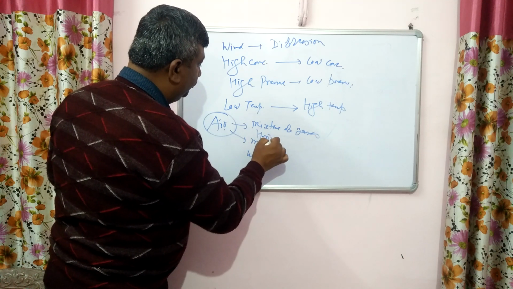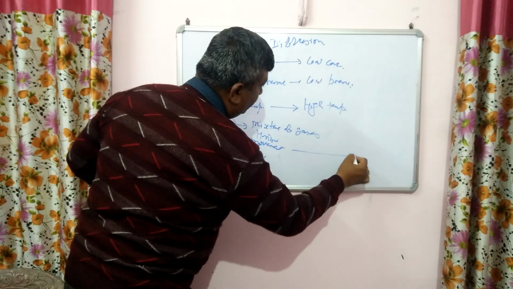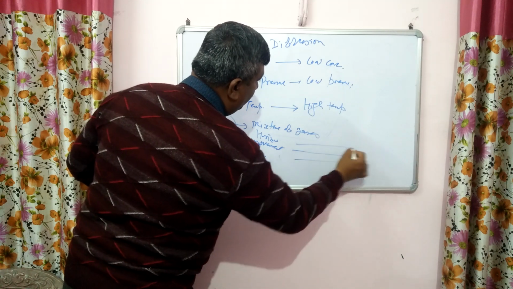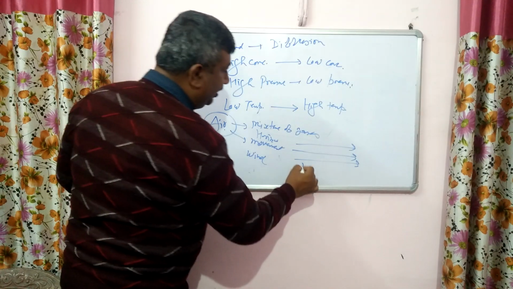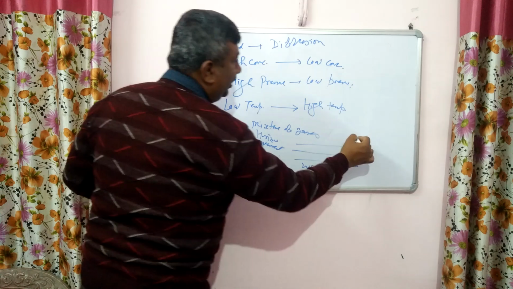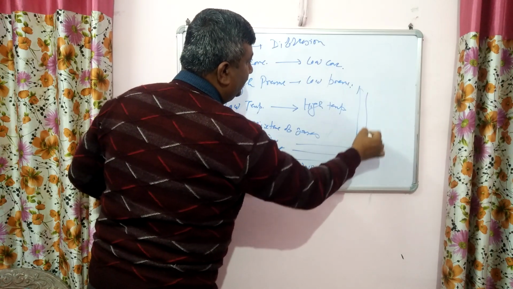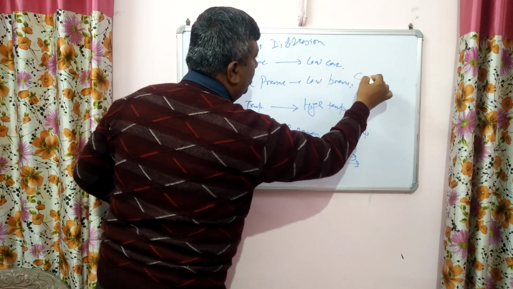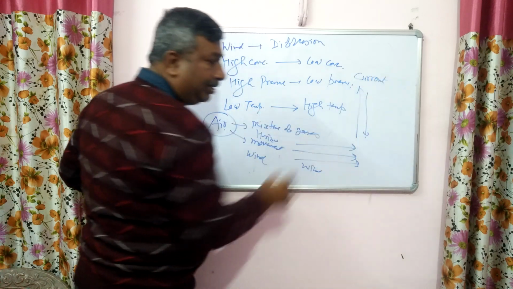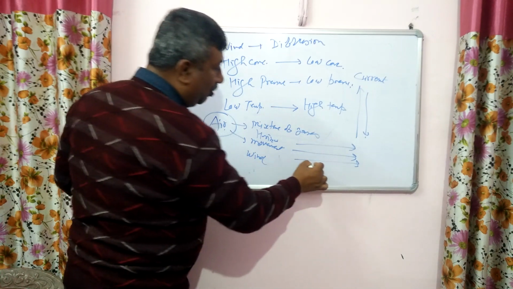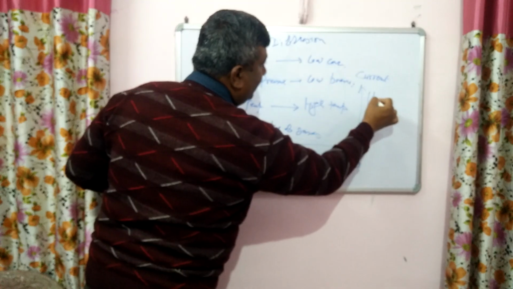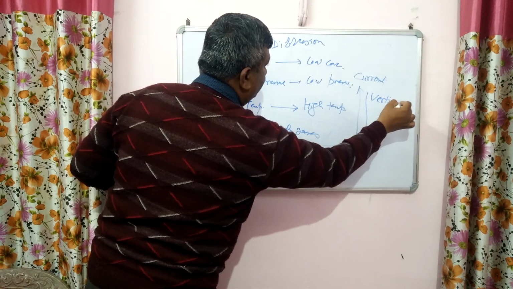Horizontal means from this direction to this direction. If there is a vertical movement like that, it is known as an air current. So this is the difference between air current and wind. Wind is horizontal movement and current is vertical movement.